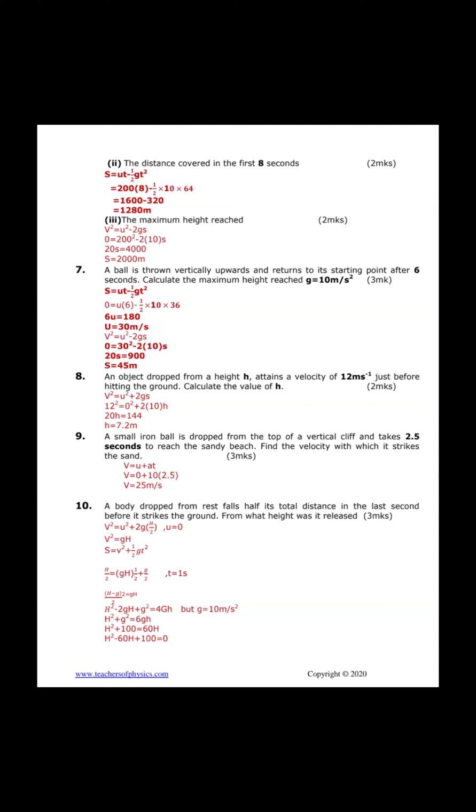So we begin, and this is where you need to be very keen, because it requires you to think. You now know the three equations of linear motion.